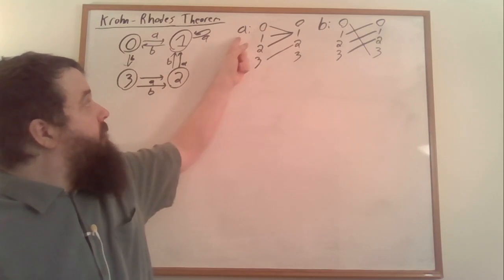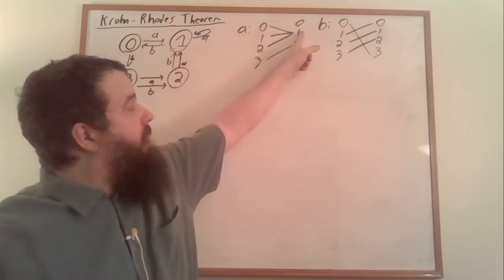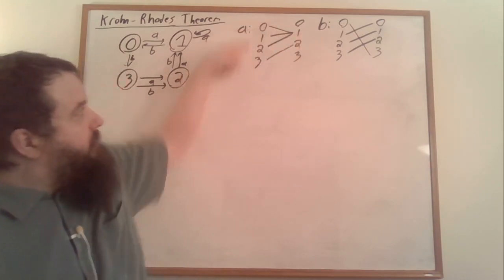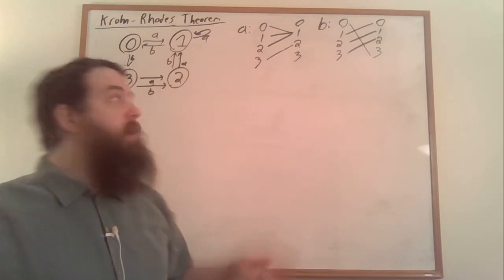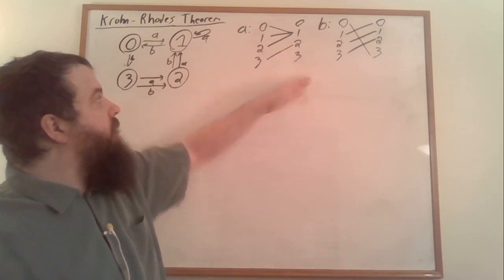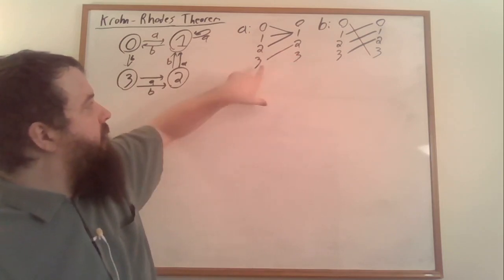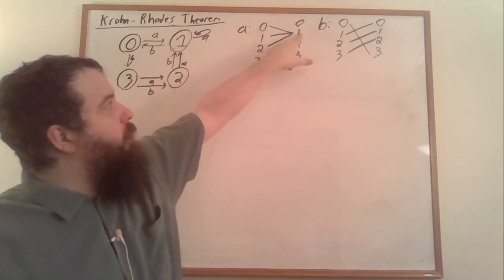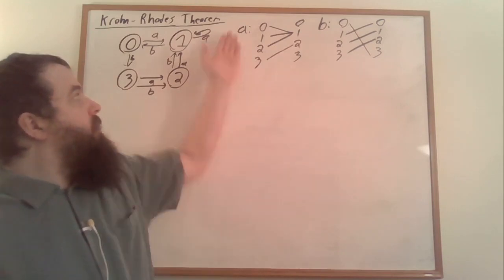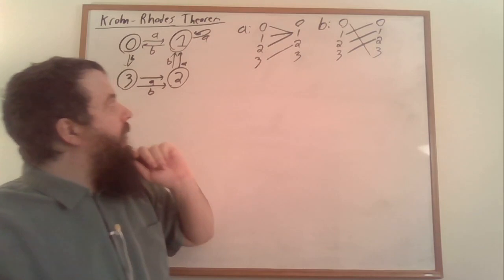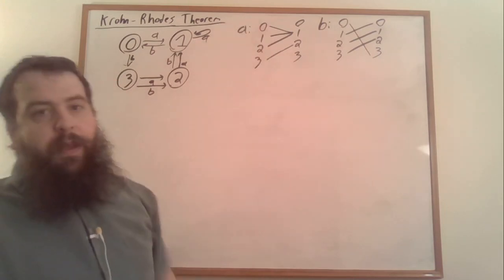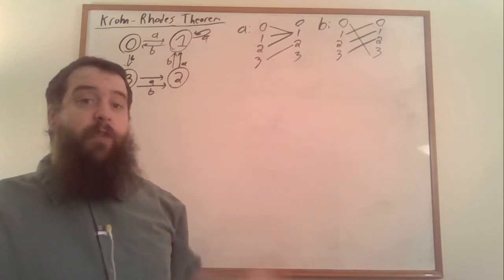On the other hand, with something like A, if we wound up in state 1, we don't really know what state we came from. And the extreme version of this is where these functions are constant functions. That's not the case here, but imagine if this 3 pointed to this 1 as well, then knowing that we read a character A would force us into state 1, and we'd completely lose information about the state that we were in before.